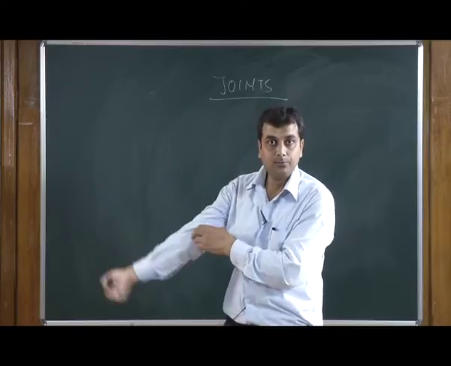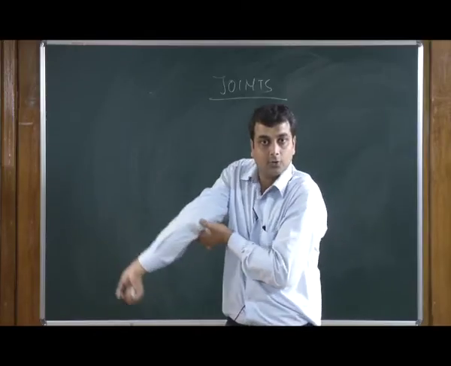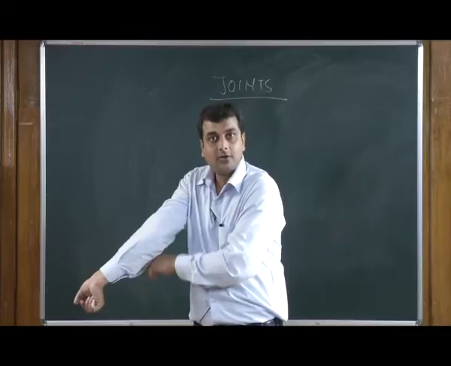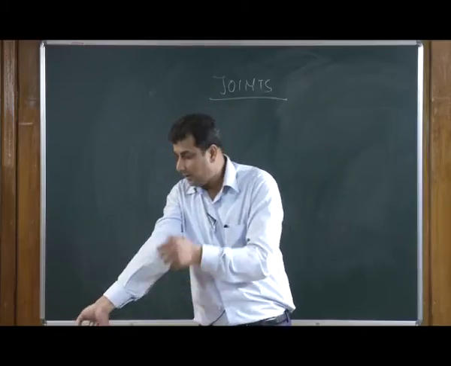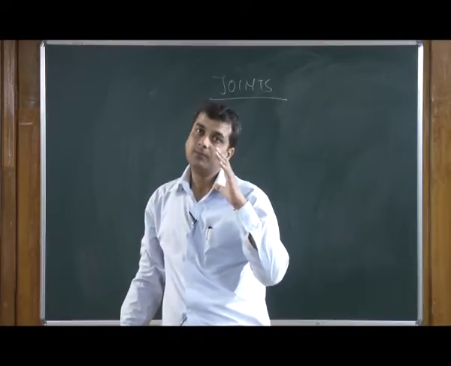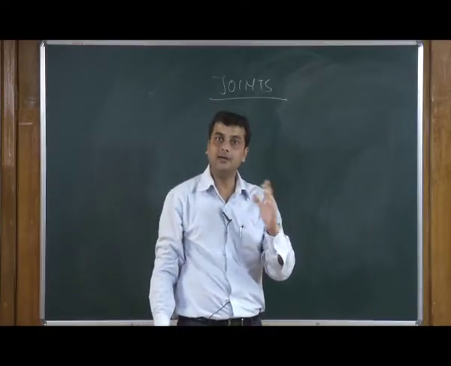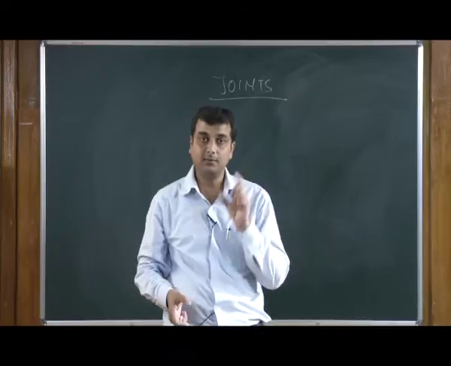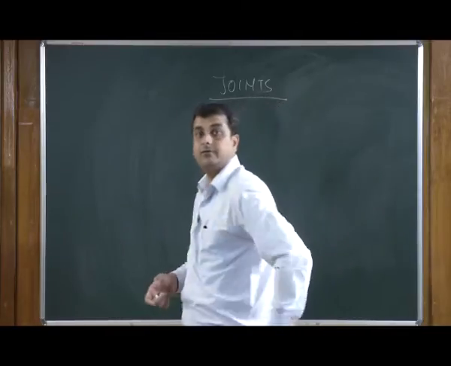We can give this kind of movement, but we can't go beyond this, so there is some sort of hinge here. These joints are divided into different types based on their location, their types and what they are doing.